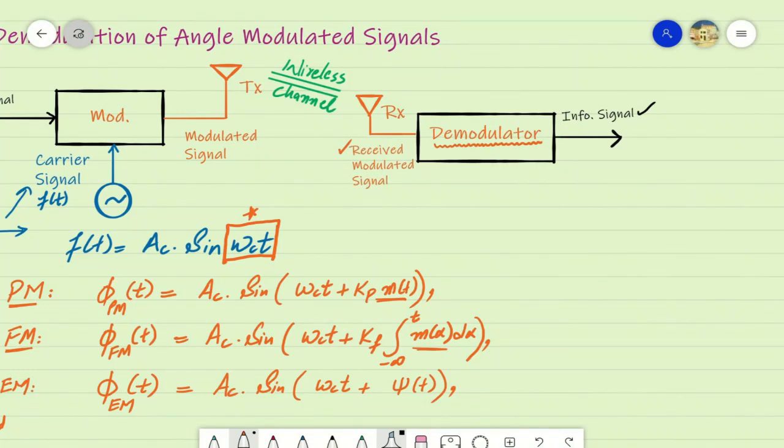So if we have a frequency modulated signal received at the receiver, then the demodulator's design is required to detect information from the instantaneous frequency of the received modulated signal. Therefore, for the demodulation, a system is required which can discriminate among different frequencies of the received signal and translate the fluctuations in the frequencies in order to detect the information signal.